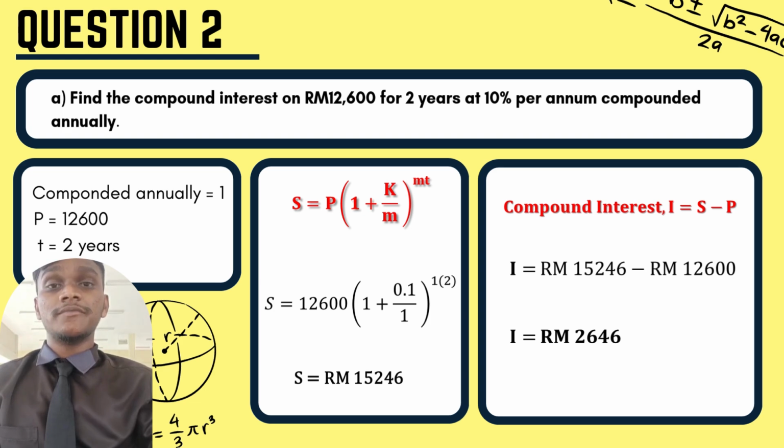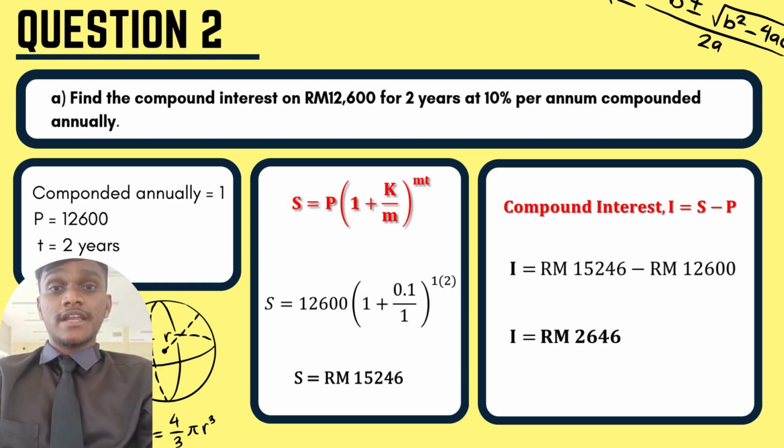We use the compound interest formula for the total amount, which is sum equals principal times (1 plus rate divided by compound) to the power of (compound times time).